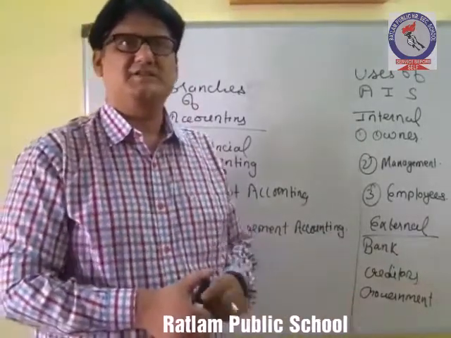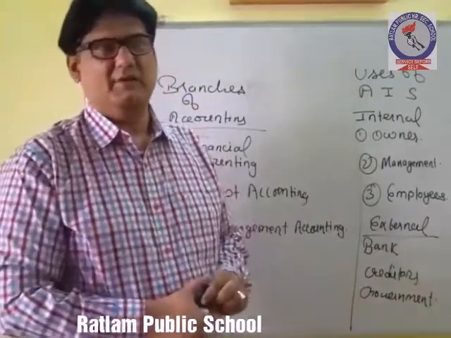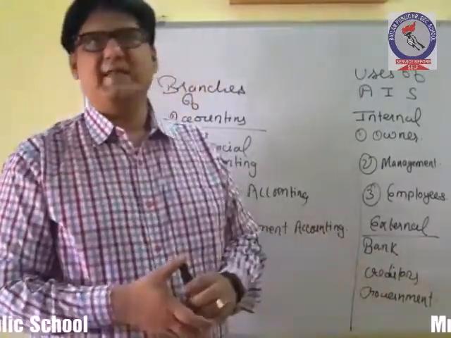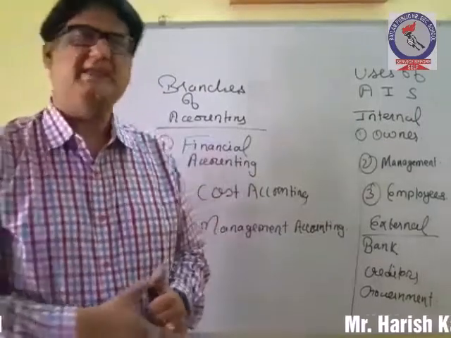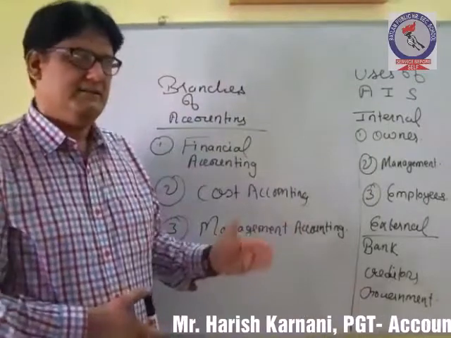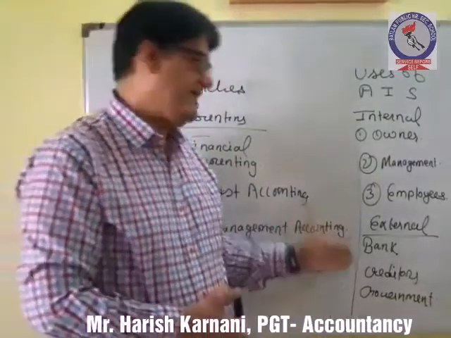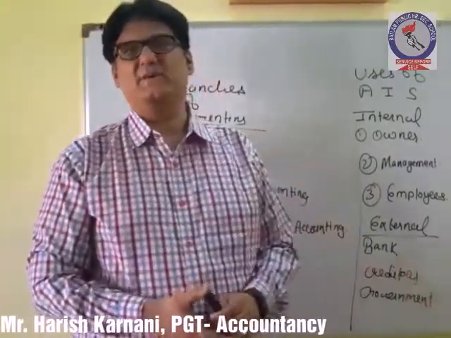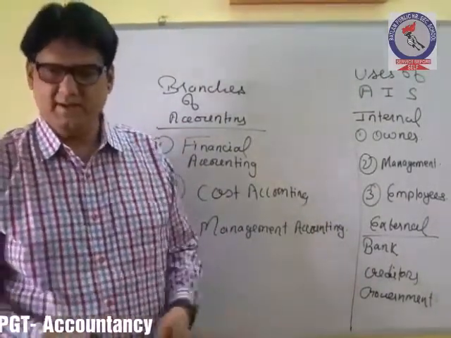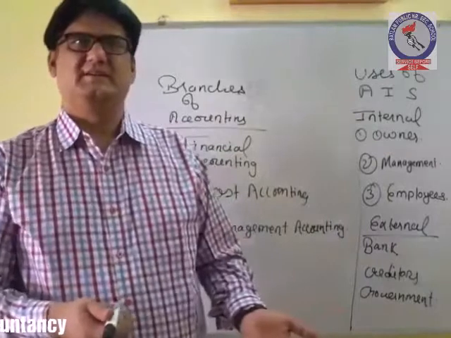All the financial statements help the government in assessing the tax liabilities, and then if the government has to make any policy related to any business organization, they also make use of the various accounting information of the business organization in order to make the new policy.